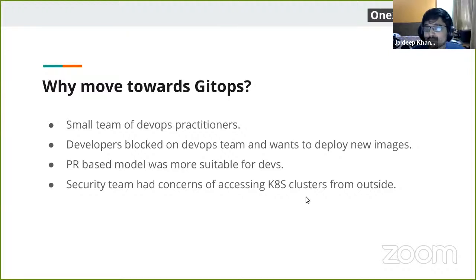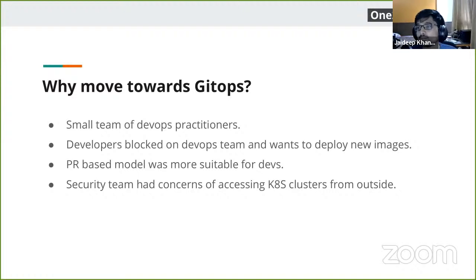So I'll discuss why we chose to move towards GitOps. We were a small team of DevOps practitioners, and developers were pushing multiple builds in a day. They used to get blocked on us every time, asking, can you go ahead and deploy? Of course, at the end of the day, we didn't have to do a lot.